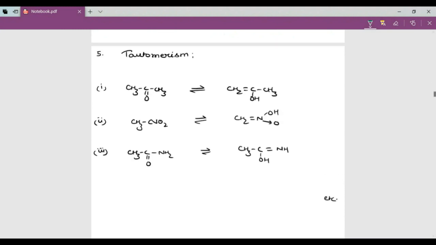Tautomerism. Tautomerism is a particular, very specific type of isomerism.